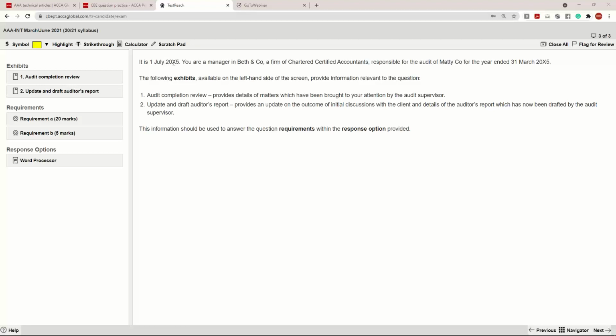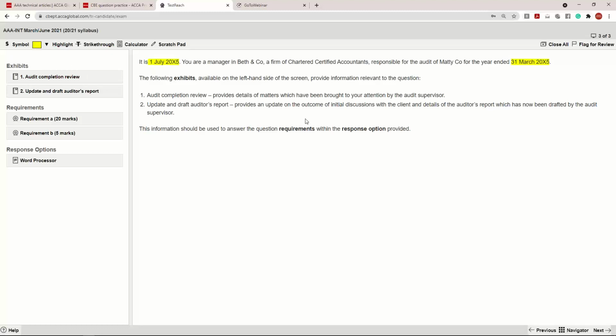It is the 1st of July. You are a manager in Beth & Company, a firm of chartered certified accountants, responsible for the audit for the year ended 31st of March. So 31st March is the year end, and it is the 1st of July 20x5. Look at the dates. It is a reporting and completion question.